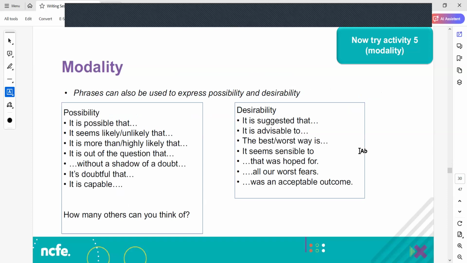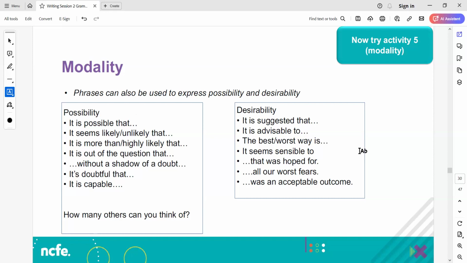Okay, so we've got phrases here to help you with your writing, to show possibility and desirability. So it is possible that, it seems unlikely or likely that.